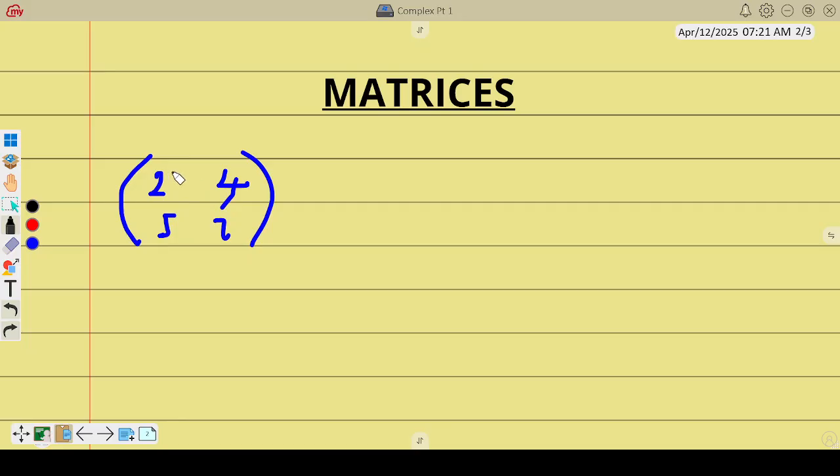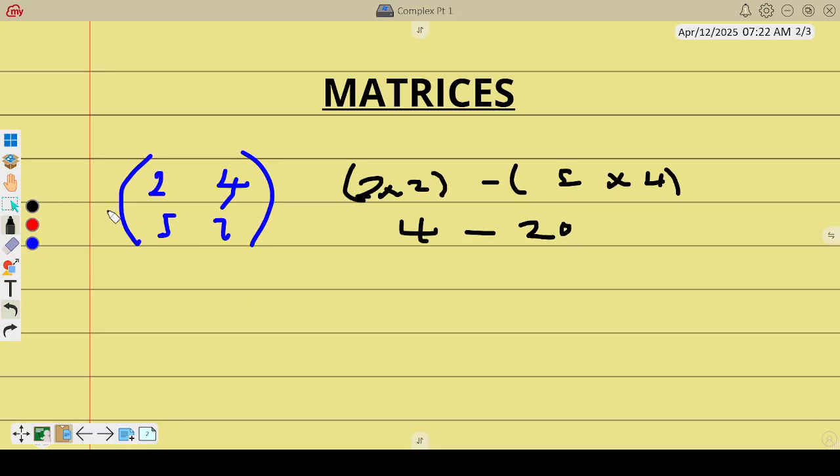So in this case, you say 2 times 2 minus 5 times 4. So this would be 4 minus 20. So if this was matrix A, we can say that the determinant of matrix A is negative 16.